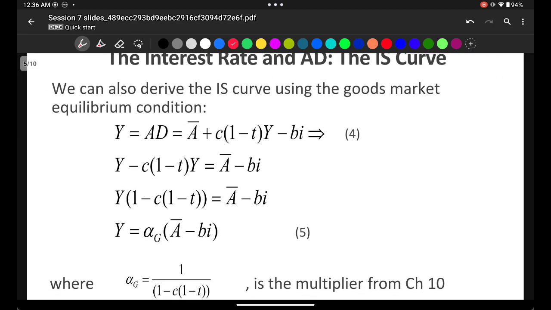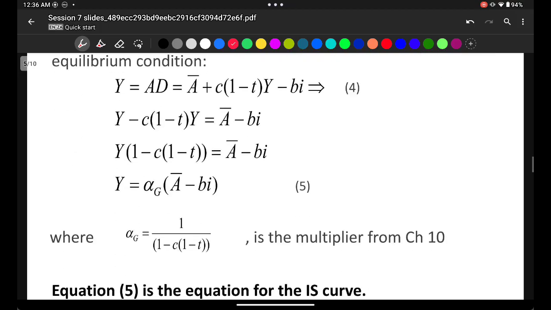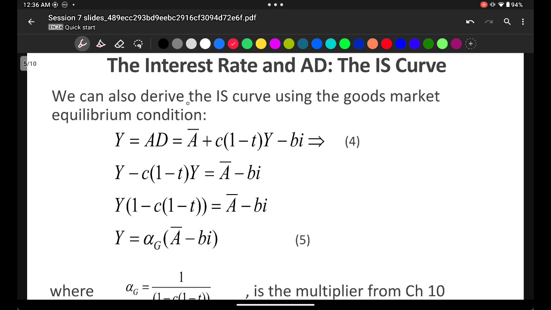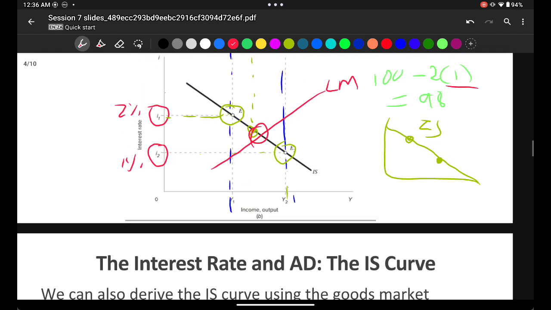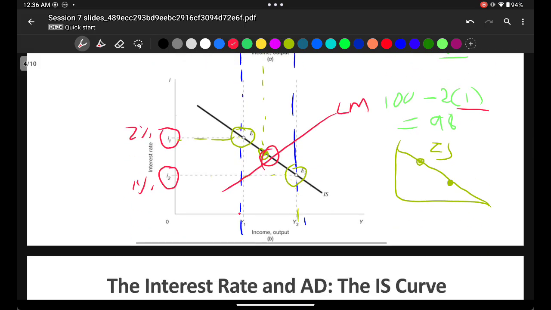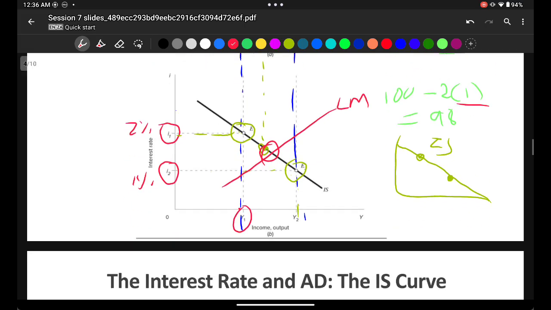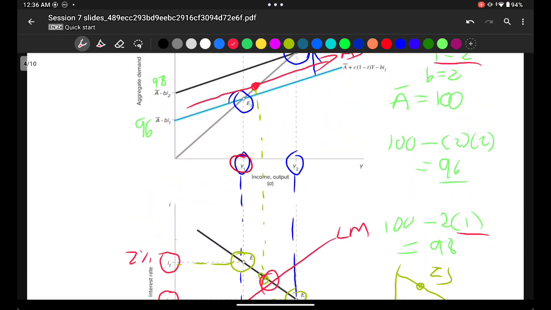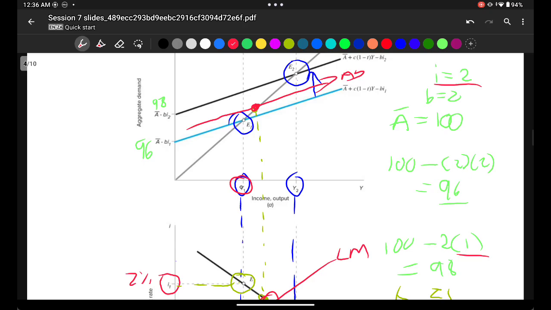Okay, so another way: we can also derive the equation. Instead of looking at this y and bringing it down to touch here, you can get what this number is. To get that number, it's the same as this number over here. This thing is associated with this equilibrium, so take it and multiply it by the multiplier.